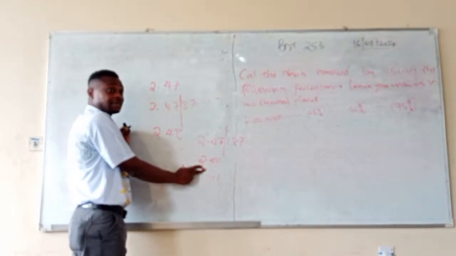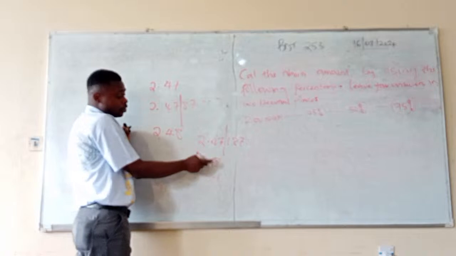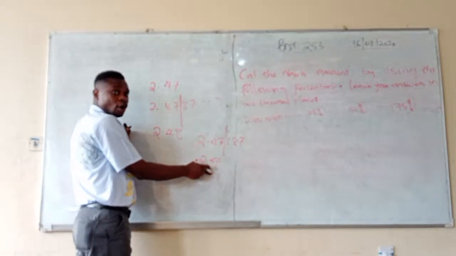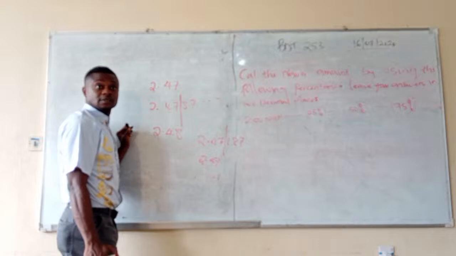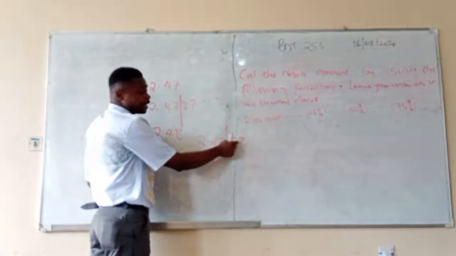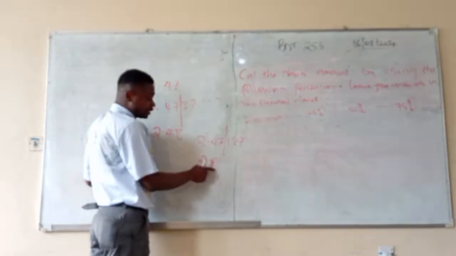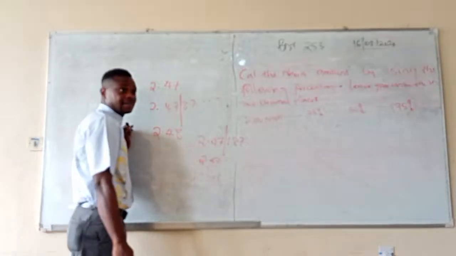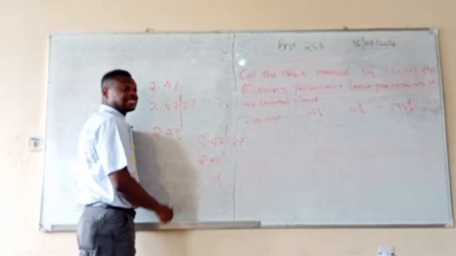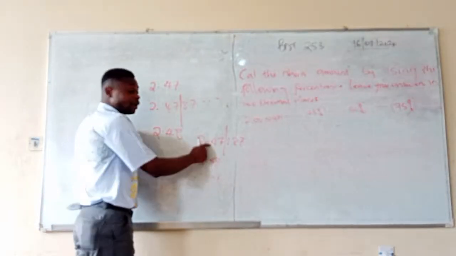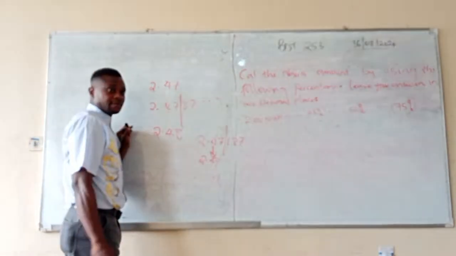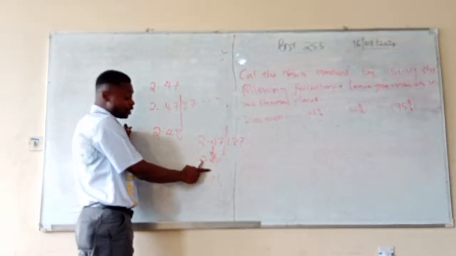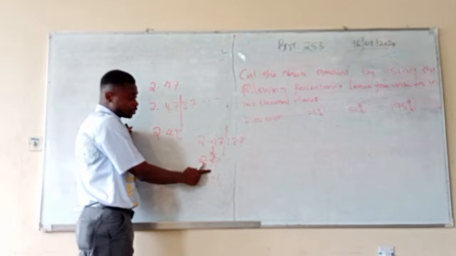You are rounding down here. Do you know why it's round down? Because the number you get is less than the value of this. This is 2.47187. This is 2.47. Which one is greater? This one is greater, so you round down to 2.47 because this one is not up to 5.